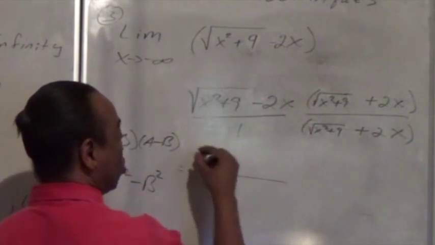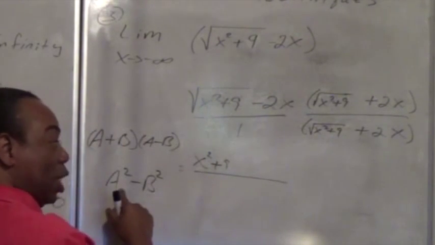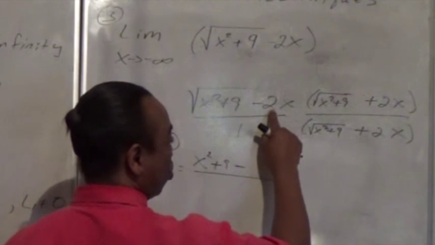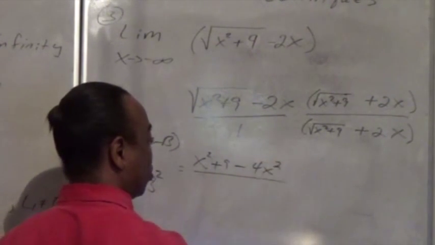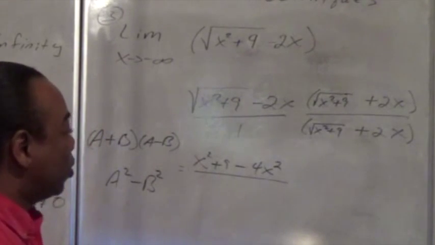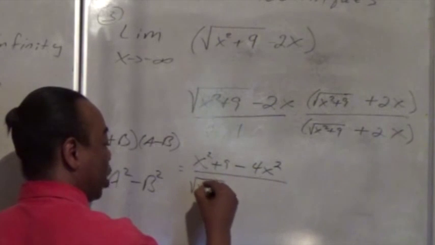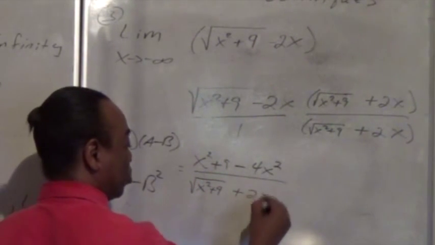When I square these two, I'll get x squared plus 9, okay, that's the a squared, minus the b squared. The b squared will be the 4x squared. In the denominator, I'm simply going to get the root of x squared plus 9 plus the 2x.